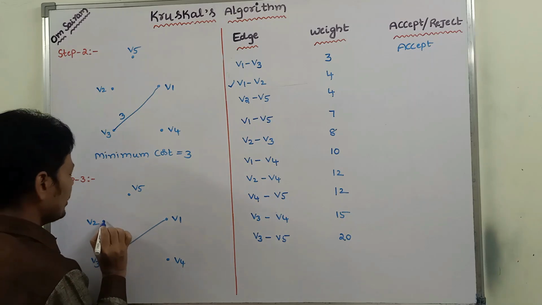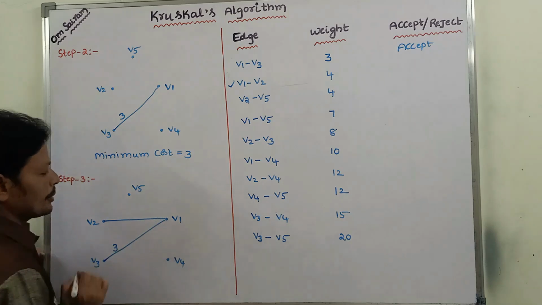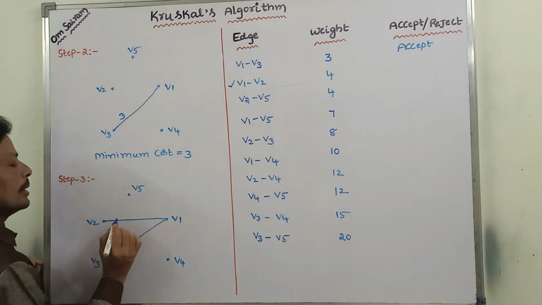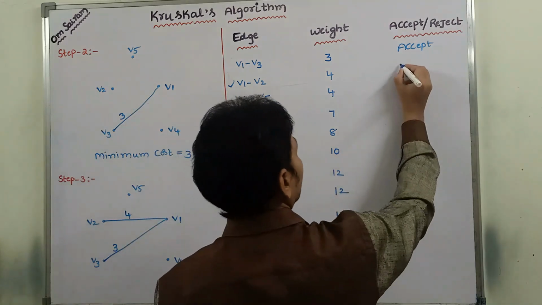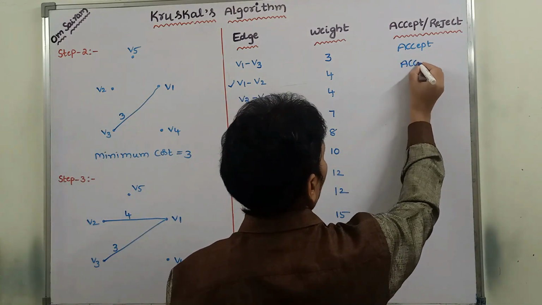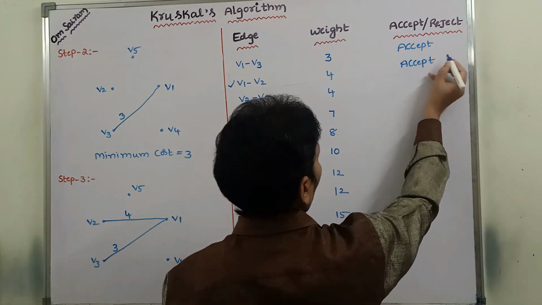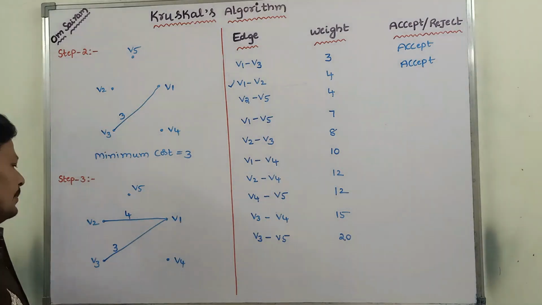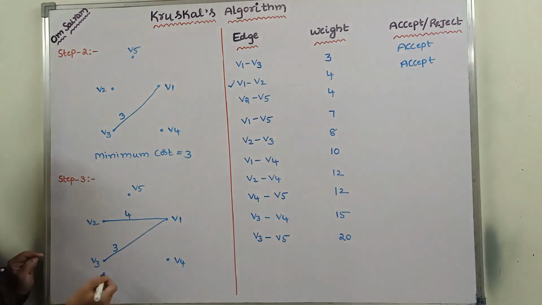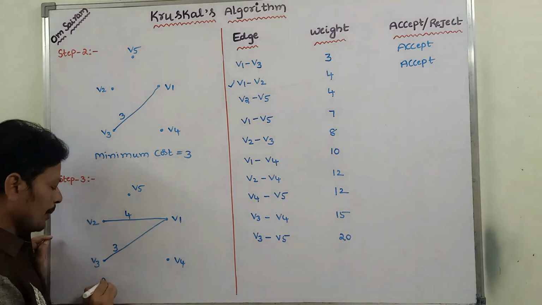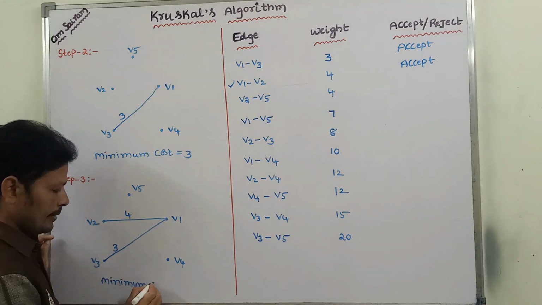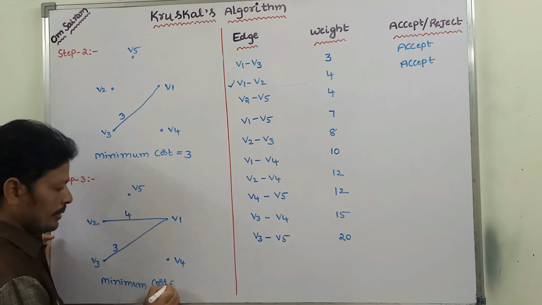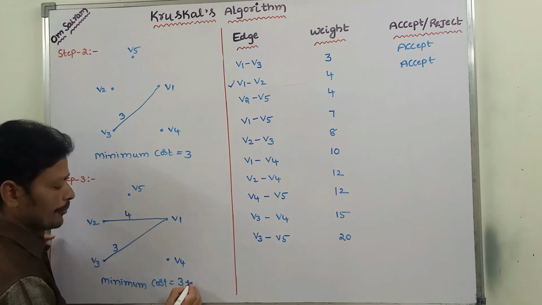So V1 to V2. There is no cycle formed, so we accept this edge. After adding this edge, the minimum cost of the spanning tree is 3 plus 4, that is equal to 7.